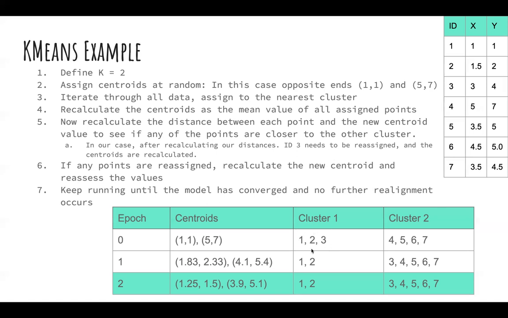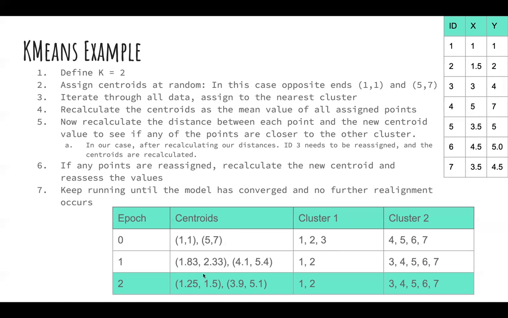Now that we have these initial assignments for our first epoch, we recalculate our centroids. To recalculate, you simply take the mean value of each of these. For this one, you would take 1, 1.5, and 3 and divide by 3, which gets you 1.83. You take 1, 2, and 4 and divide, and you get 2.33.